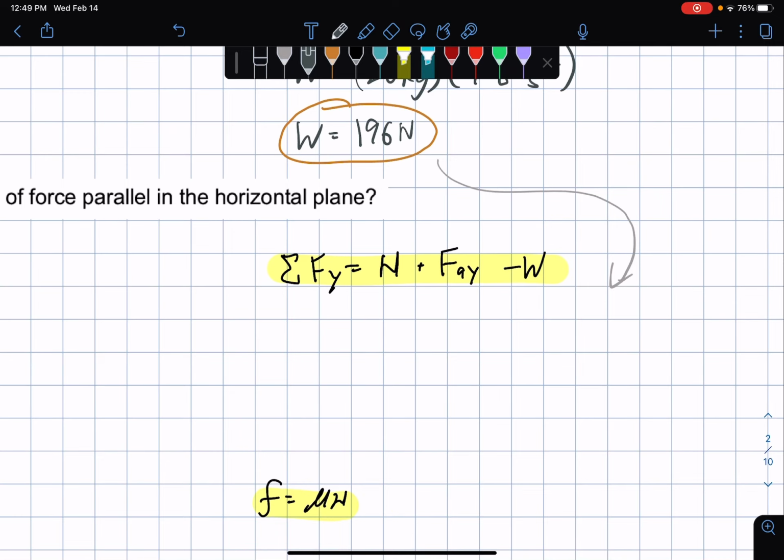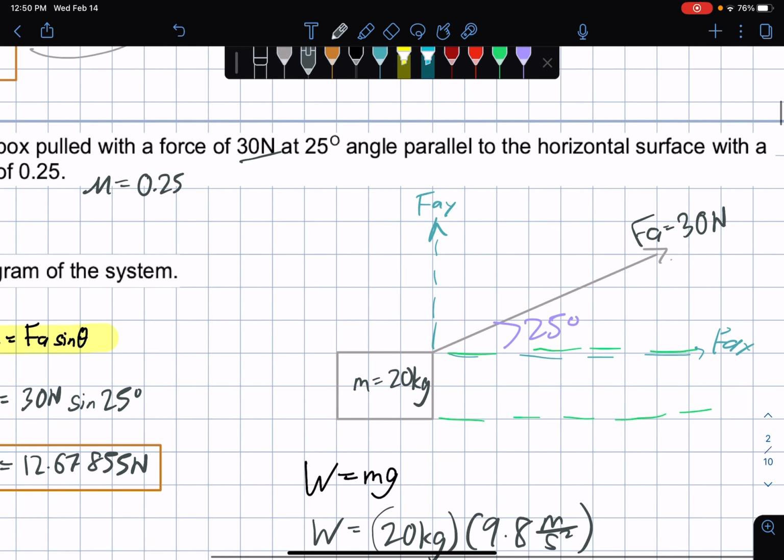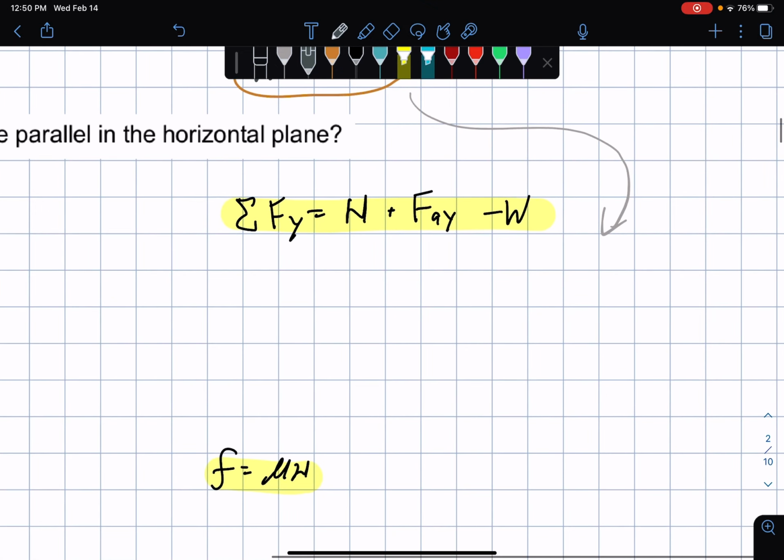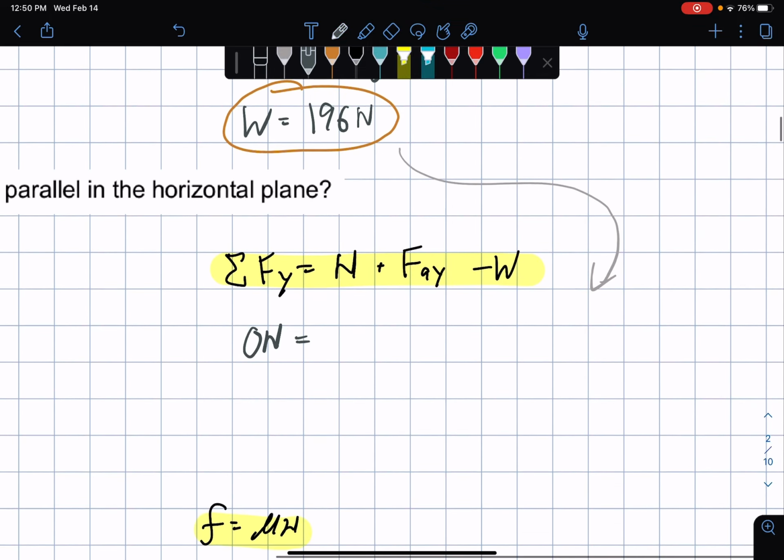And definitely, the movement of the box in terms of the y-axis, or parallel to the vertical surface, is 0 newtons because it's not moving, it's not flying, it's not falling. Unless the object is Superman and it's flying in this particular scenario, then definitely this is not equal to 0 newtons.